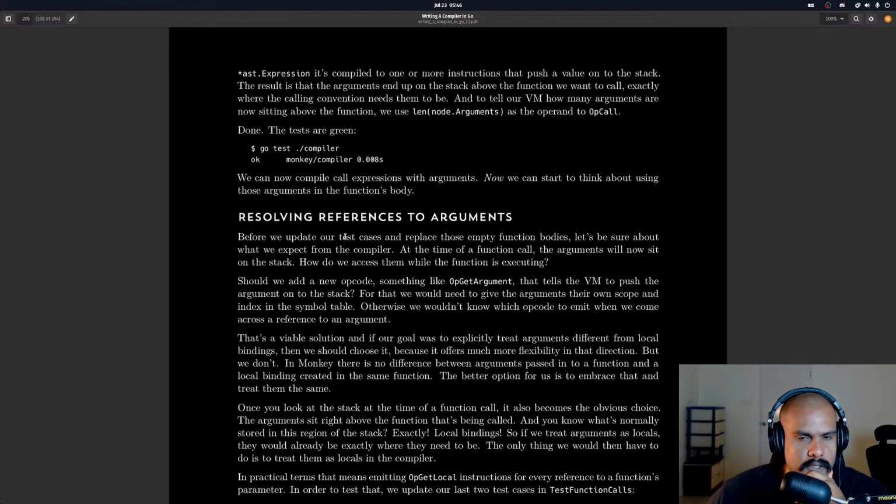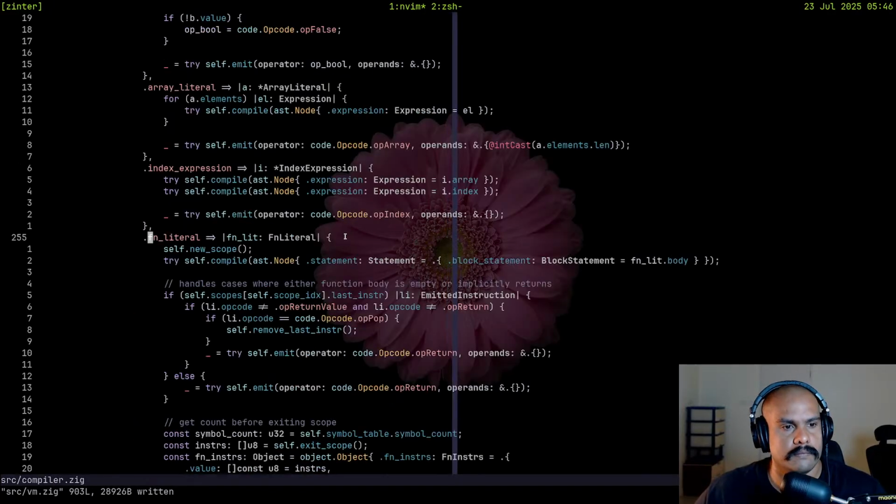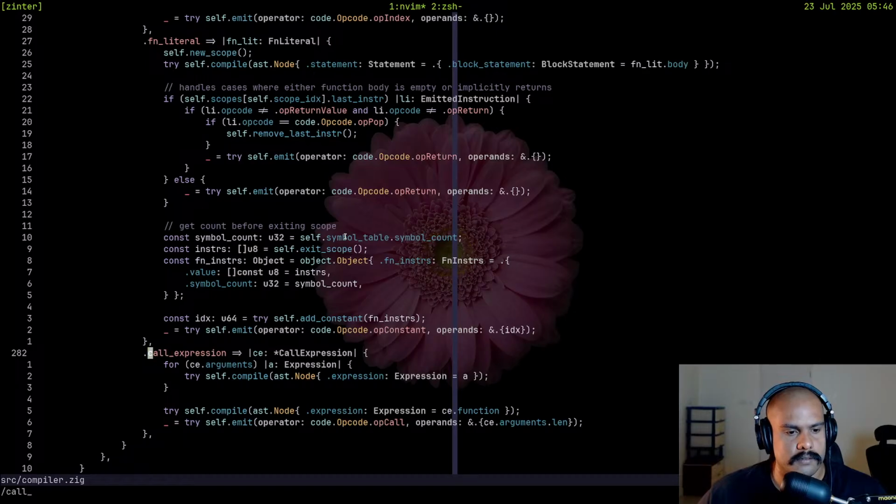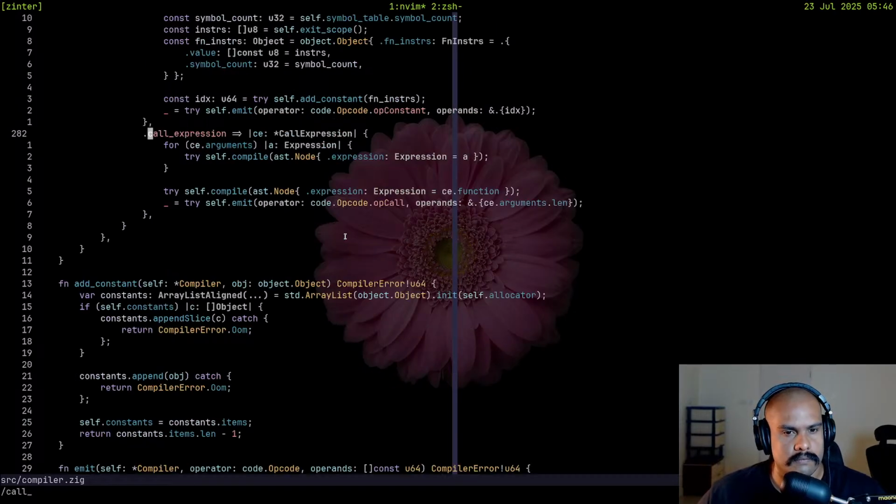I didn't think there was anything else to update. If I look at the compiler call expression. Right. Constants are added. Functions added to the constant, sorry, not stack.